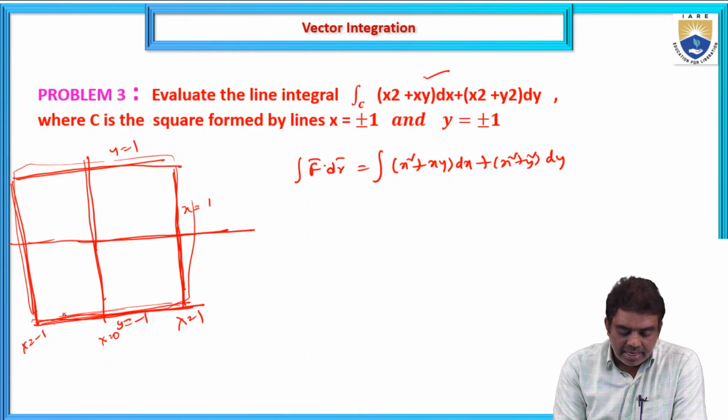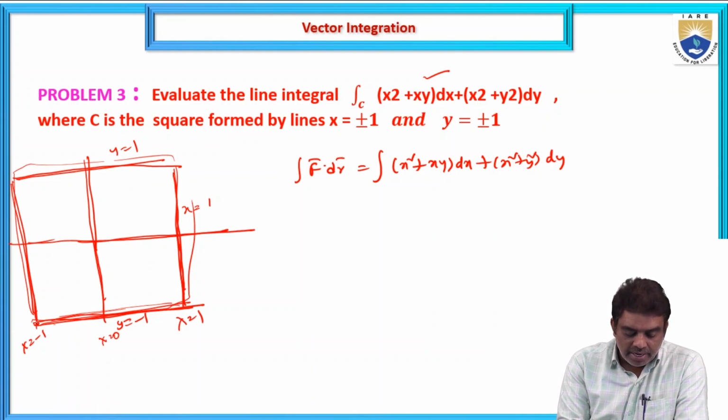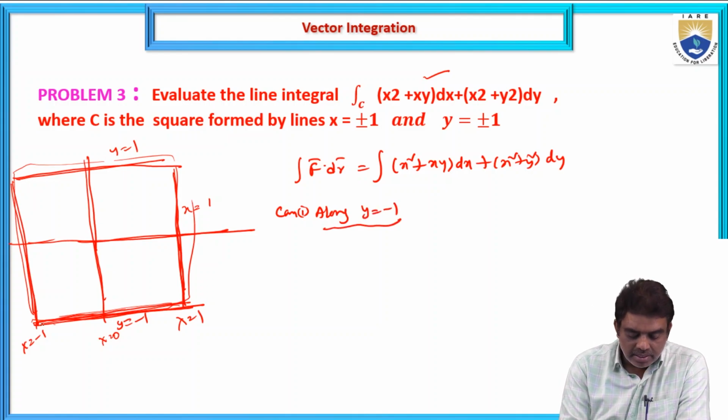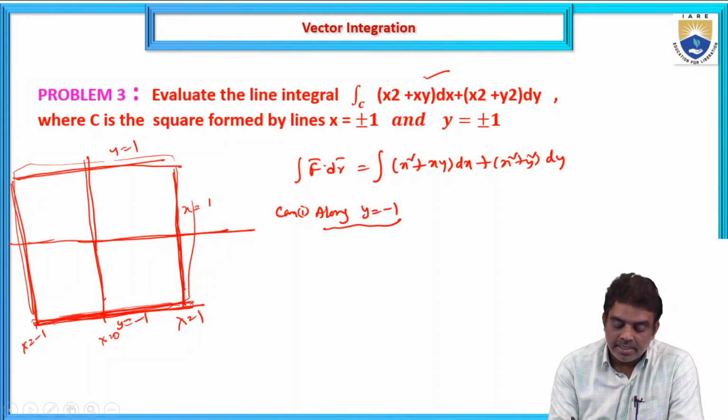Now I evaluate along these 4 lines. Now I take first case 1, along y is equal to minus 1.